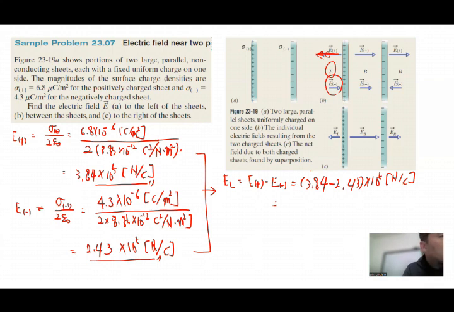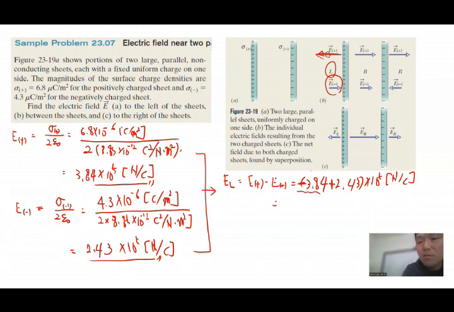Here the electric field from the positively charged plate is pointing in the negative direction of the x-axis, and the negatively charged plate produces a field in the positive direction.